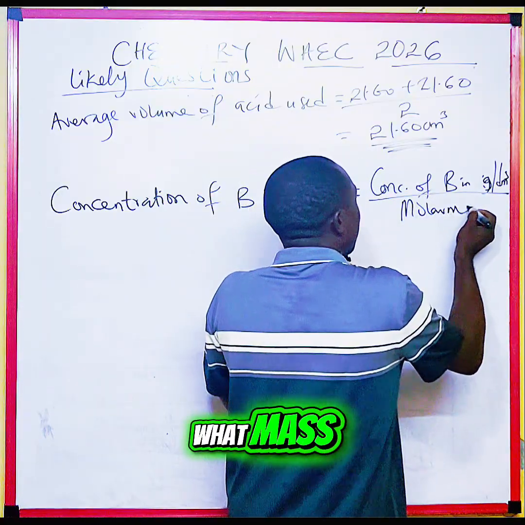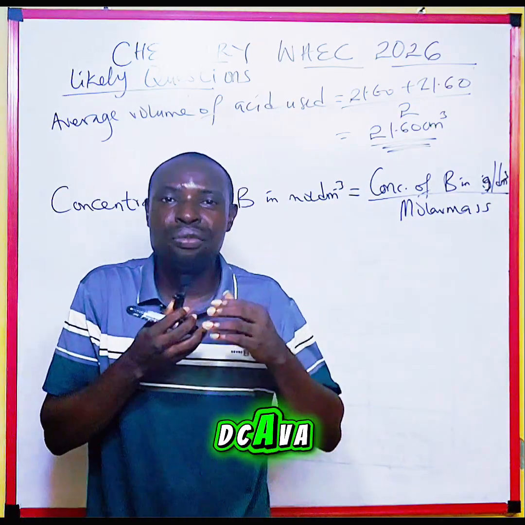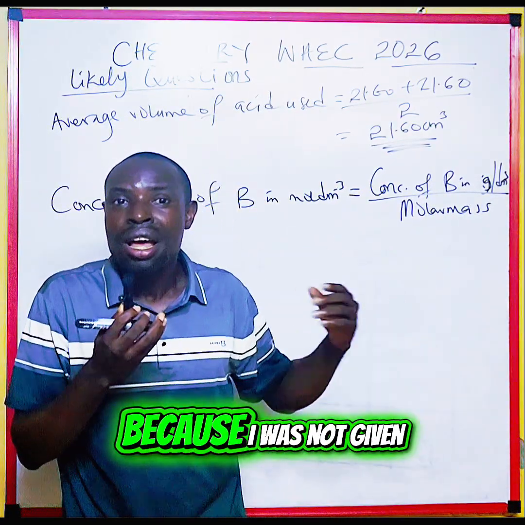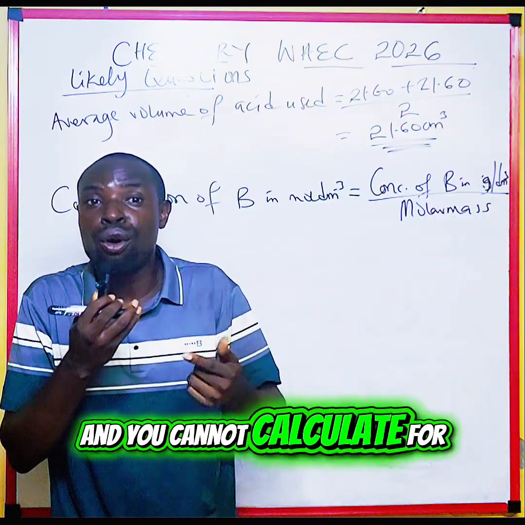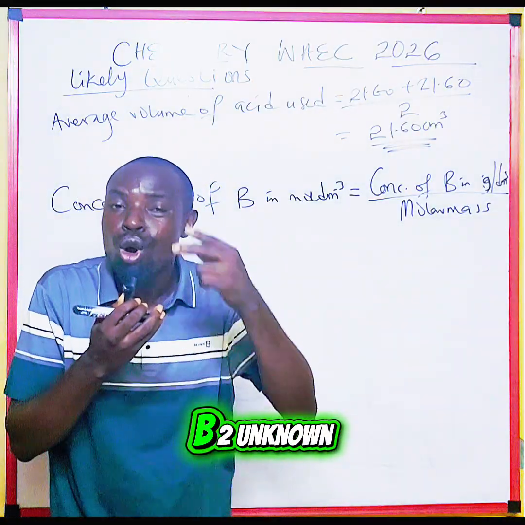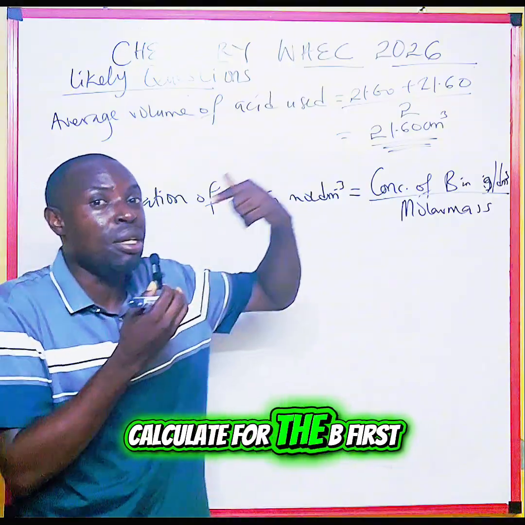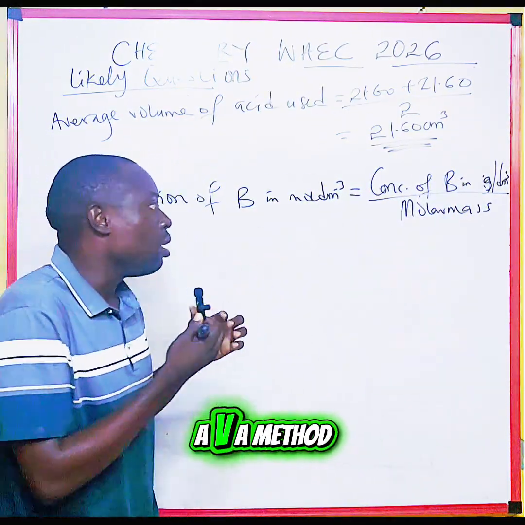Molar mass. And someone will ask me, why did I not use CAVA over CBVB? I can't use it because I was not given the concentration of A in mole per dm cube, and you cannot calculate the concentration of A in mole per dm cube and also that of B, two unknowns, so it is not possible. That's why we are asked to calculate for B first. After we get B, we can now calculate A using the CAVA method.